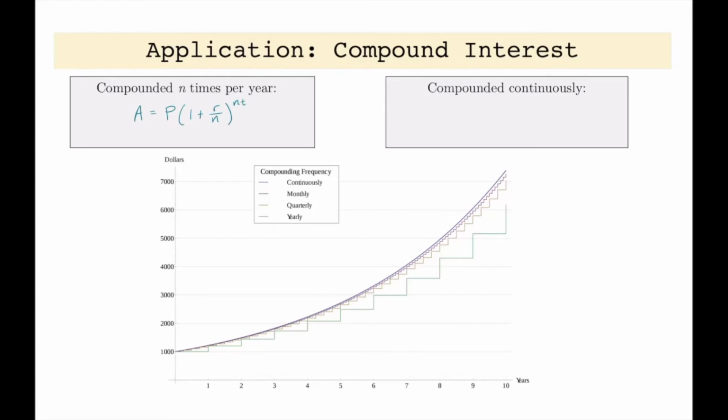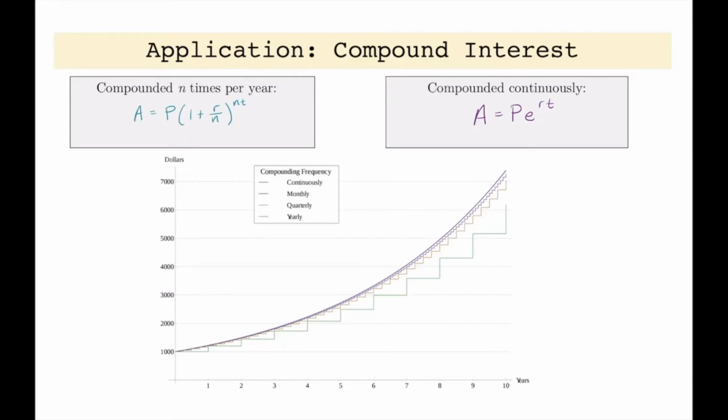When we compound continuously, we still have A for our balance and P for our principal or initial amount, and then as we just saw, e pops up and we just get e to the rt. So there's no n, because that is essentially infinity, and we have this Pert formula.